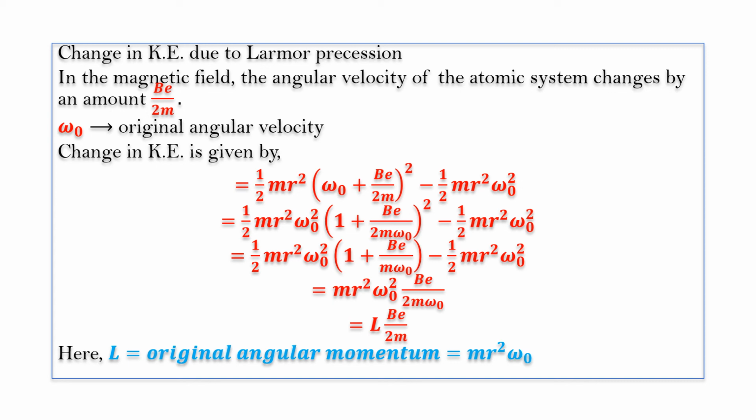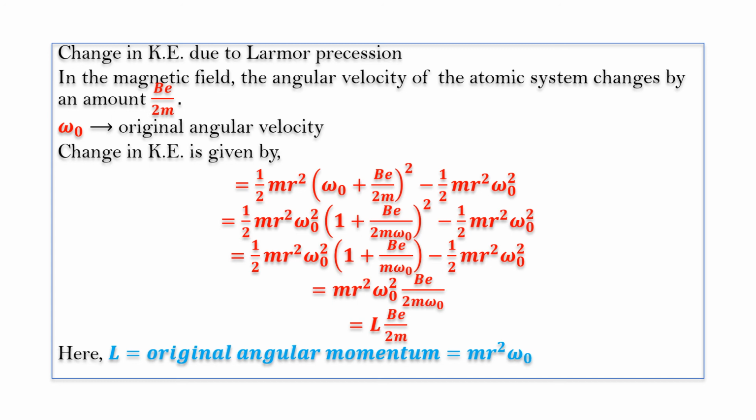So first we saw the statement of the Larmor theorem: the effect of a magnetic field on an electron moving in an orbit is to superimpose on the orbital motion a precessional motion of the entire orbit about the direction of the magnetic field with angular velocity omega given by omega equal to Be by 2m.